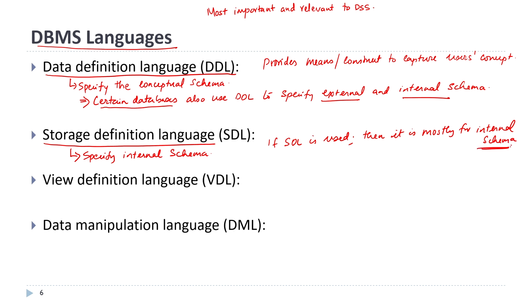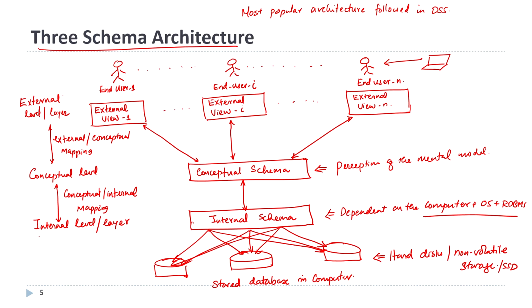As I said earlier, in certain cases certain DBMS use DDL for the internal and external schemas, but if somebody uses SDL, then mostly the storage definition language works on the internal schema aspect. If you are using SDL, then mostly DDL is defined with the external or conceptual aspect of it, right.